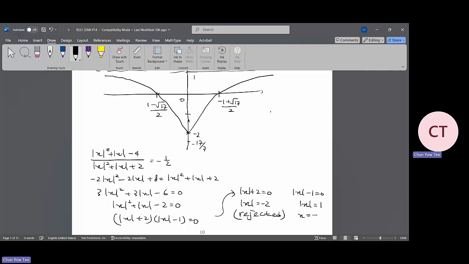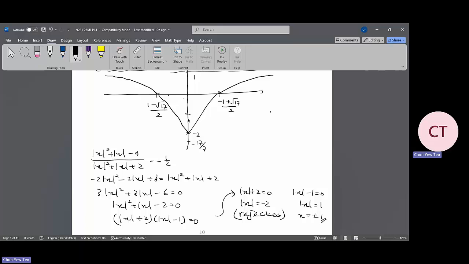Therefore, x equals plus minus 1. So for negative half, your intersections over here will give you 1 and negative 1. That is the meaning of it. They didn't require us to put them into the diagram, so I will not put them into the diagram.